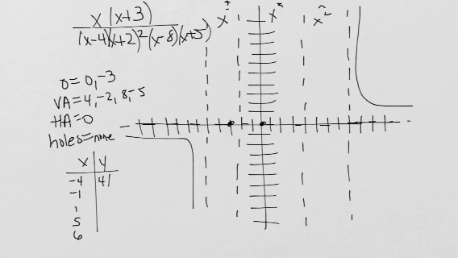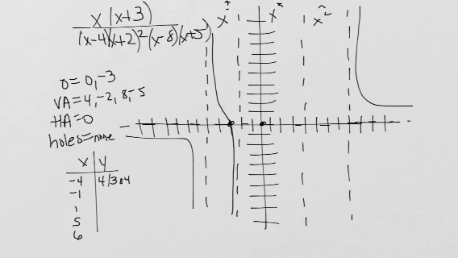And now I need to figure out that denominator. -4 minus 4 is -8. -4 plus 2 is -2 squared is +4. -4 minus 8 is -12. Multiply that by -4 plus 5, which is +1, and I get 384. That tells me I start out positive, cross the x-axis, and end up negative in that region.